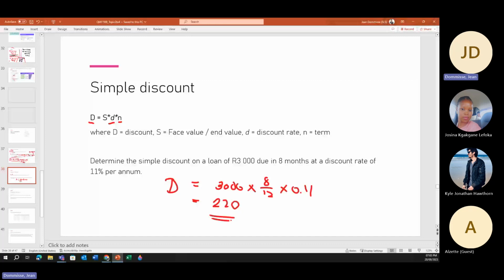So you get a discount on that. Again, we could have asked, but so what will that be? Over 3,000, it's 3,000 minus 220, which is then a bit smaller.